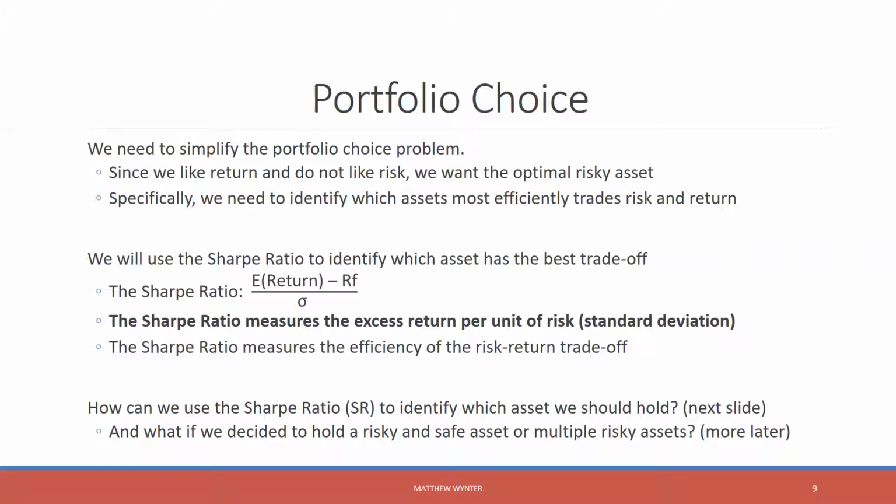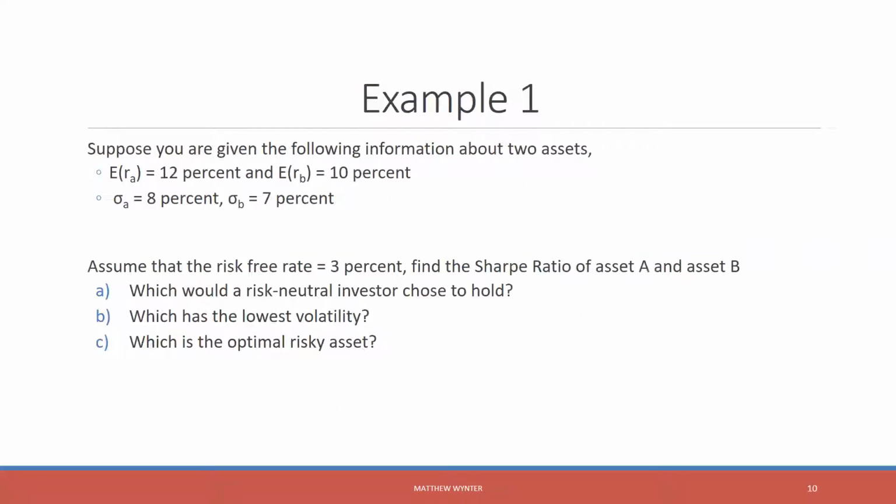So the higher that ratio gets, the larger per unit of risk I'm being compensated as an investor. So what can we do? How can we use the Sharpe ratio to identify which asset we should hold? And what if we decide to hold a risky asset, a safe asset, or multiple risky assets? How in the world can we reduce this problem? Well, let's go through.